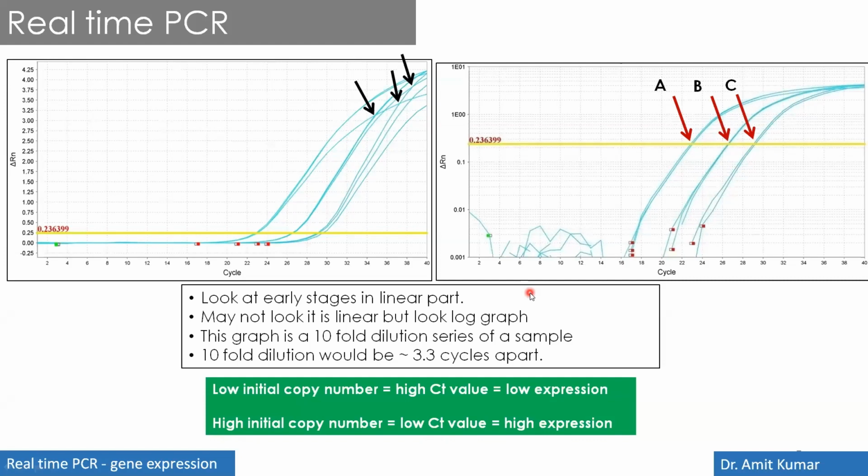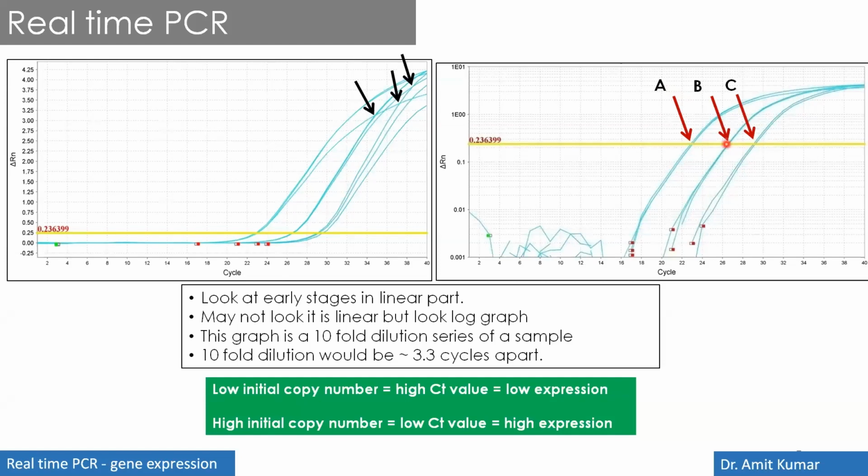One more thing to understand is that a tenfold dilution corresponds to a difference of about 3.3 cycles. So if you take sample A and dilute it 10 times, let us suppose that initially you have 100 copies and you diluted it 10 times, it means now you have 10 copies.